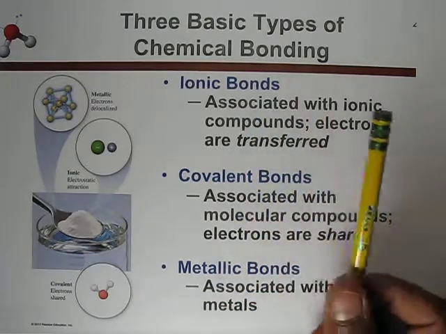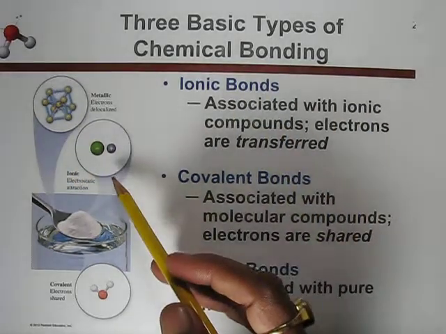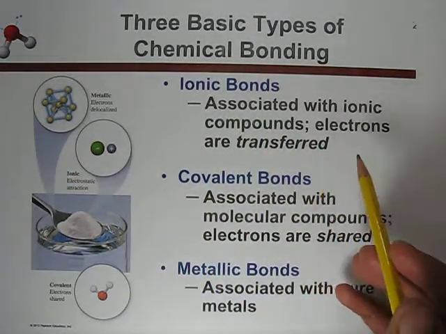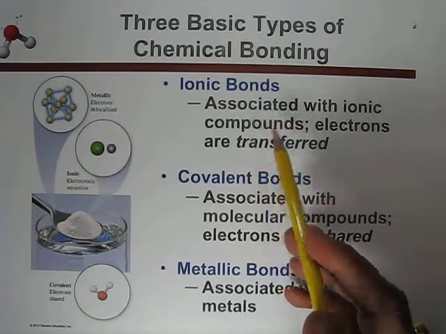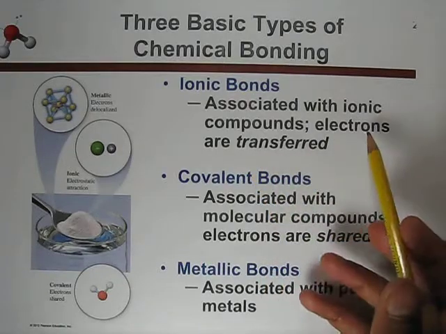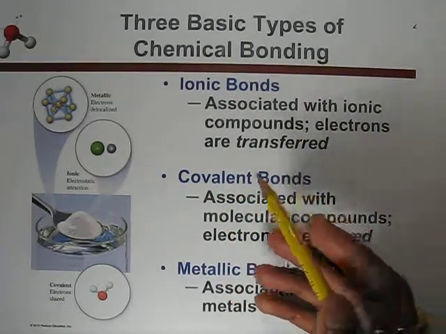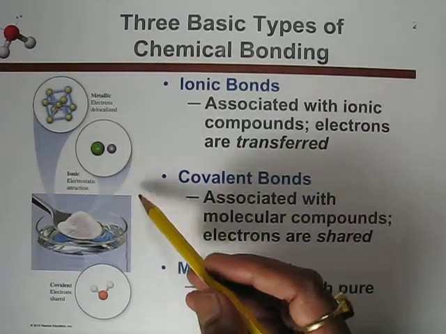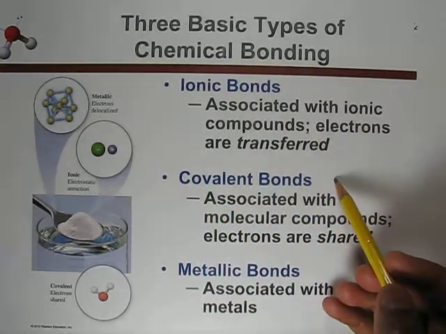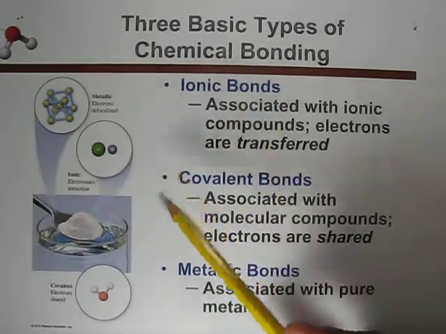If you remember, they are formed between metals and non-metals. When a metal combines with a non-metal, they form an ionic compound, and to form a bond they transfer electrons. Mostly electrons are transferred from the metal to the non-metal. That is the main rule for ionic bond formation.